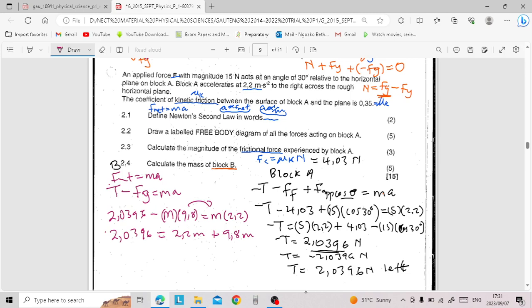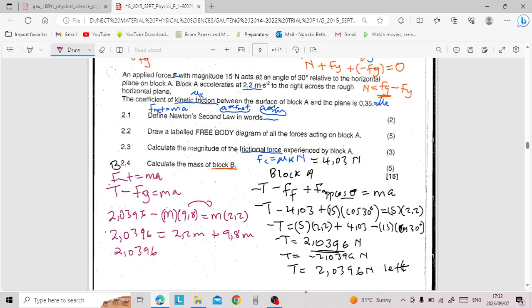So these are like terms. We add 2.2 plus 9.8, so 2.0396 equals 12 m.